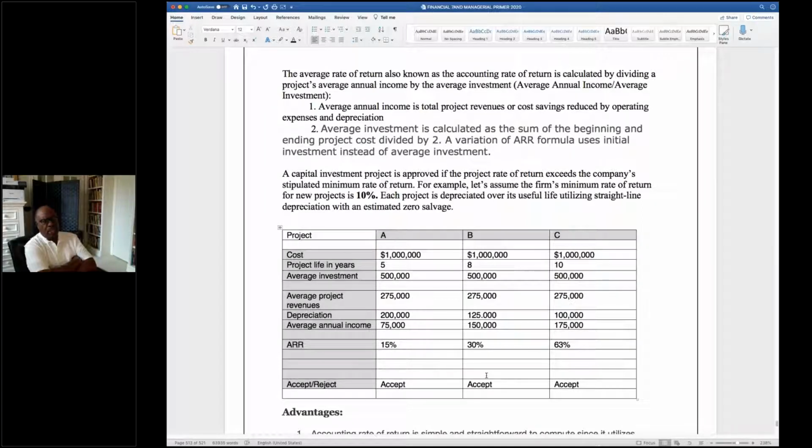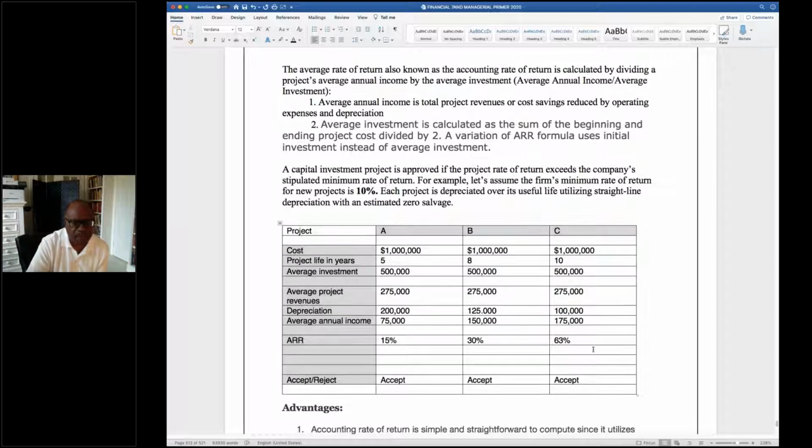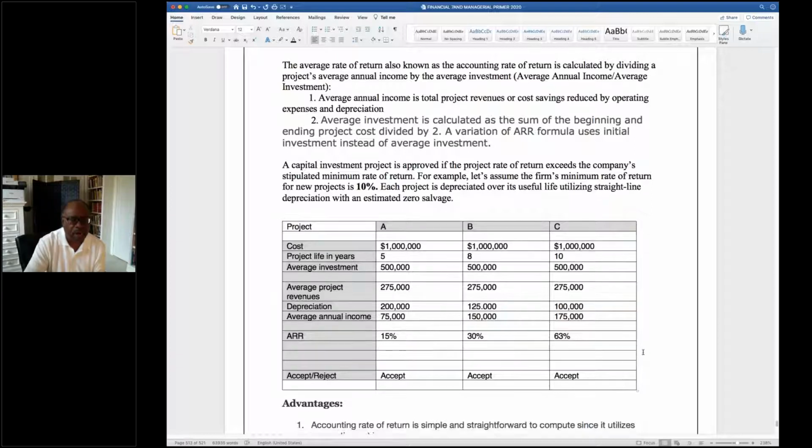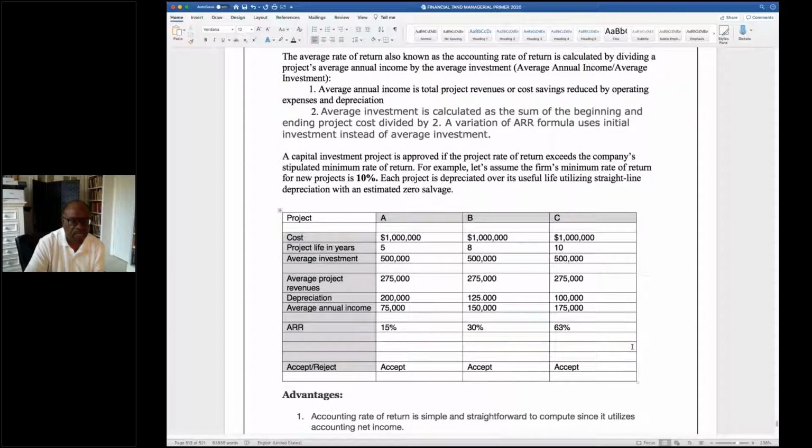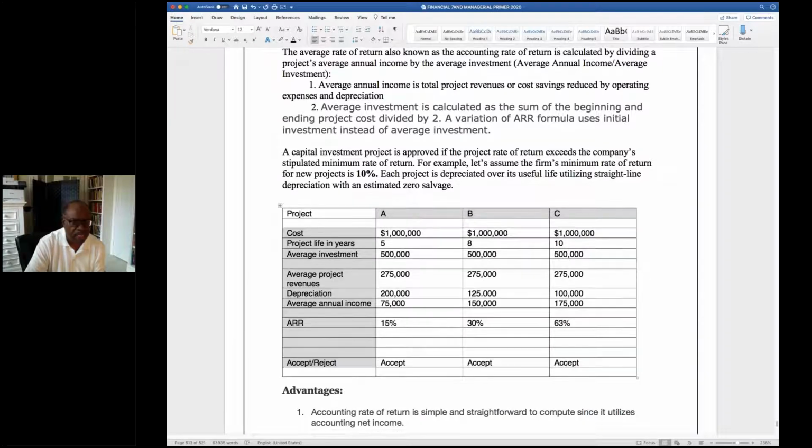So you can see if you're running a company and not paying attention to present values, which you could do in the past, then you just make decisions. As long as we've got some positive money coming in, we're going to accept the project.